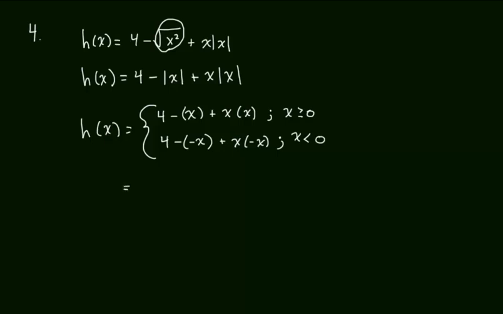Ready to do some simplification? So we have 4 minus x plus x to the power 2, or x squared. And the bottom condition is going to be 4 plus x minus x squared when x is less than 0.